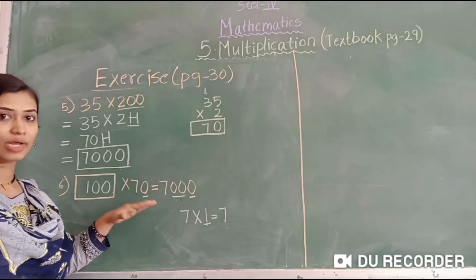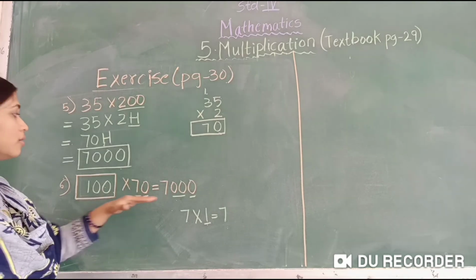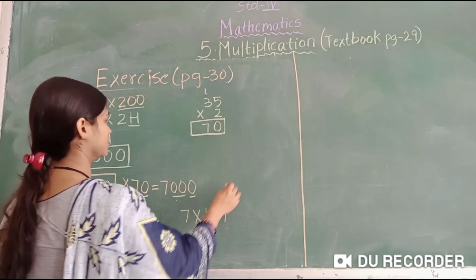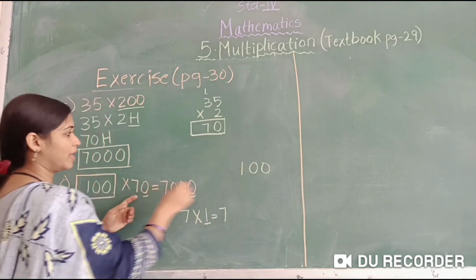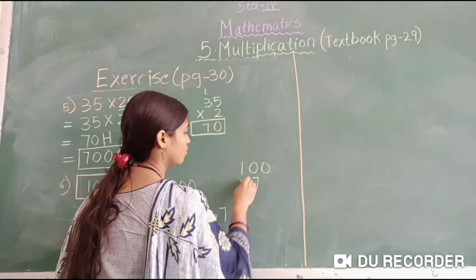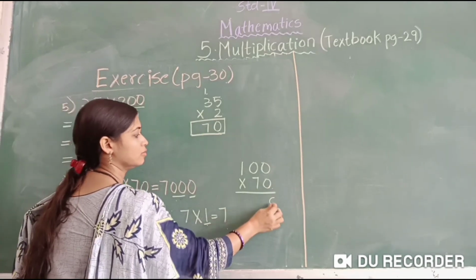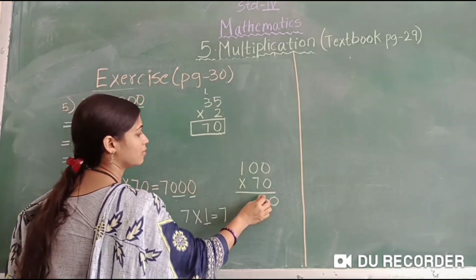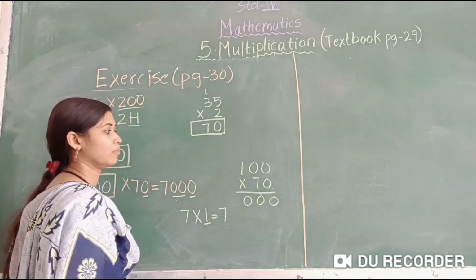If you still have doubt in this sum, you can tally this. See, 100 multiplied by 70. 0 zeros are 0, 0 zeros are 0, 0 multiplied by 1, again 0.